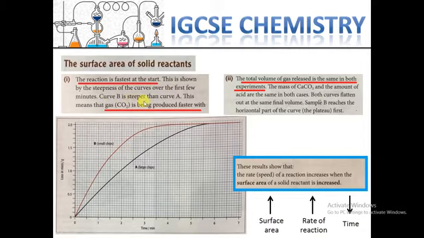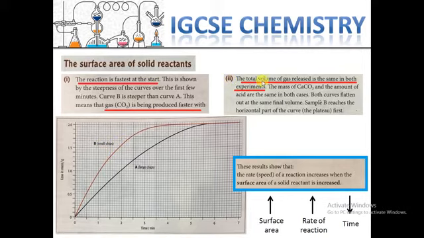Curve B is steeper than curve A, so sample B, the smaller chips, lost mass faster than A. This means that the gas CO2 is being produced faster with the smaller sample B.